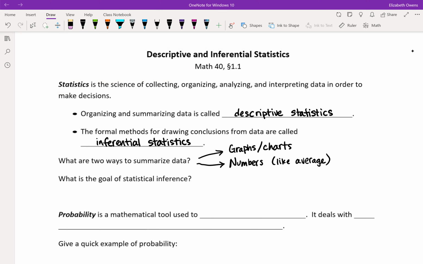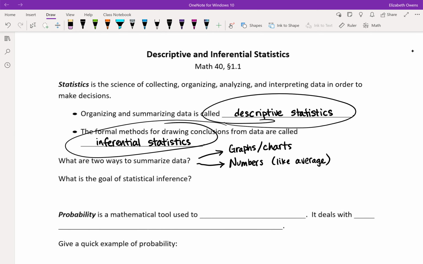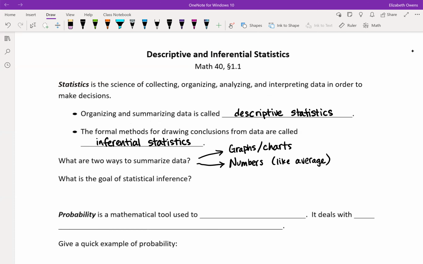All right, so that's kind of summarizing. And then the goal of inferential statistics or statistical inference is really to understand the meaning of the data that we have organized and summarized. So it's kind of like almost a step 1, 2 type of thing. We've got to organize it and then we've got to draw conclusions from it.